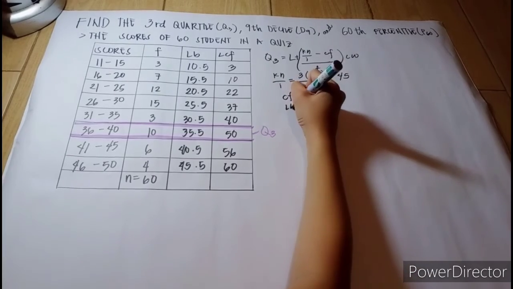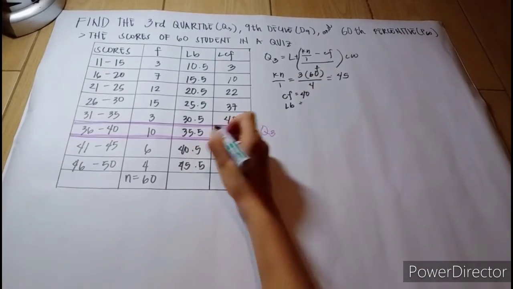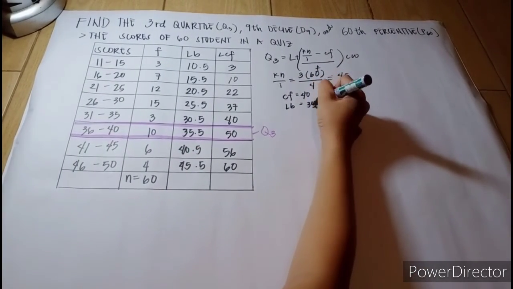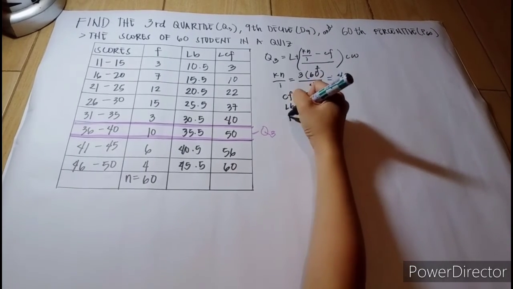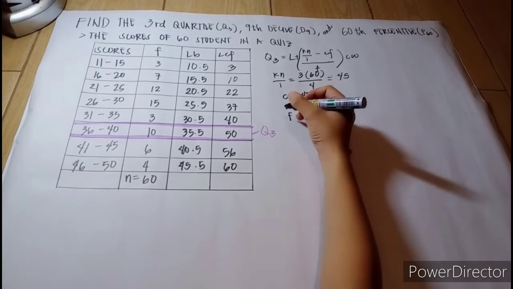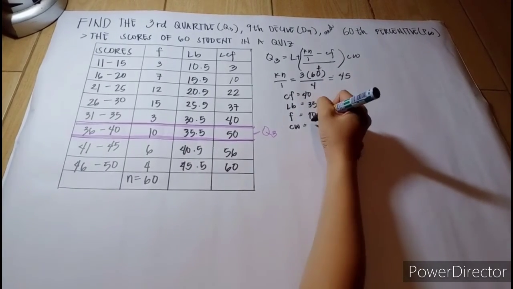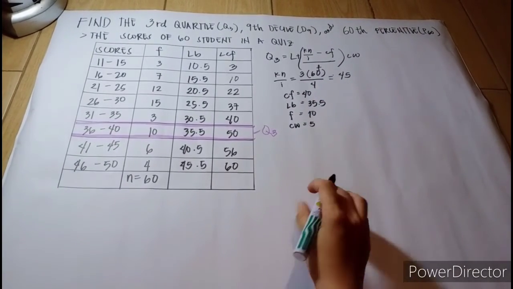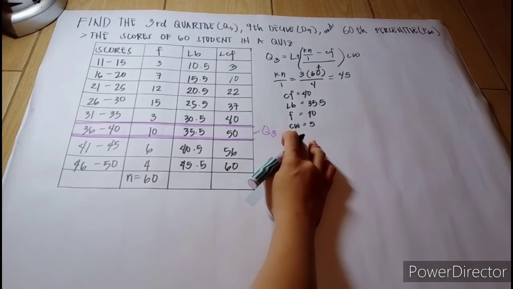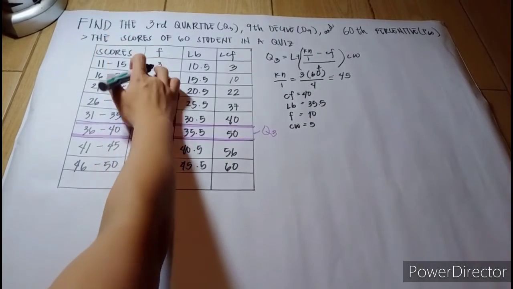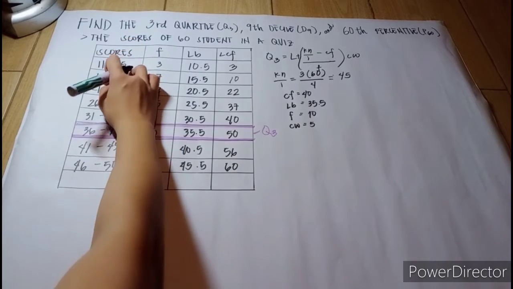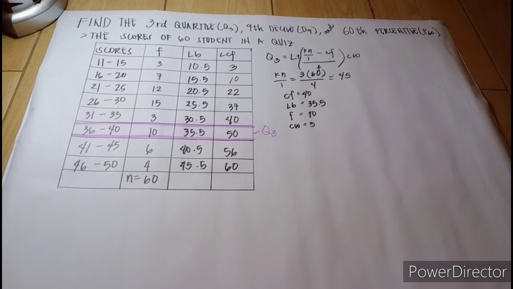So our lower boundary is 35.5. Frequency, that is 10. And the CW, that is 5. Again, to get the CW, we need to subtract 11 from 16. Now we have what we need to solve the formula.